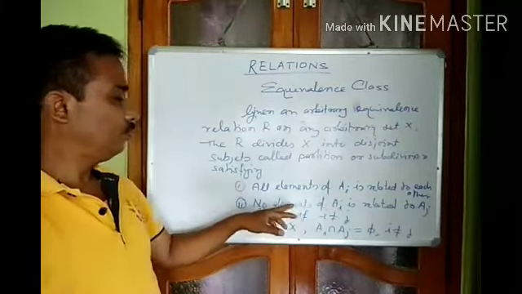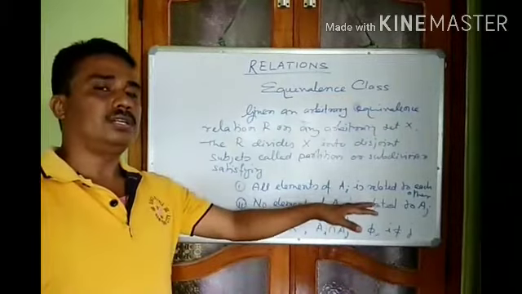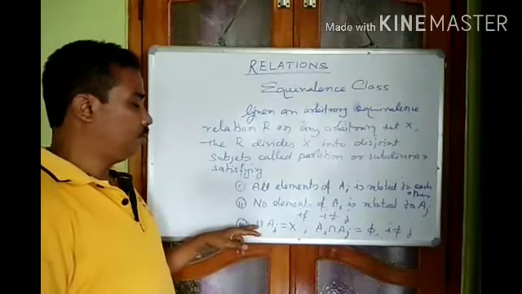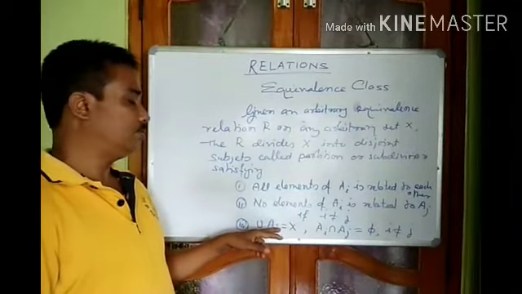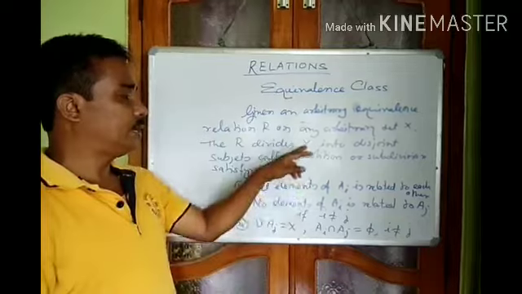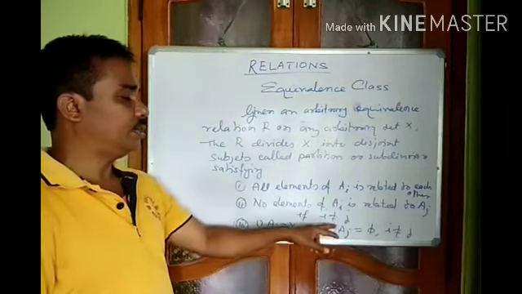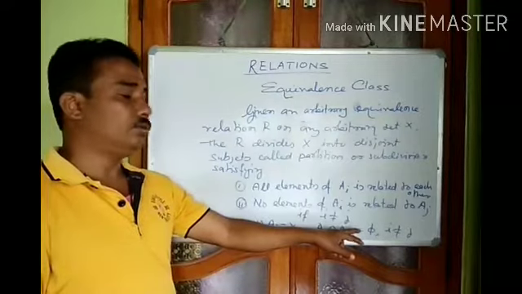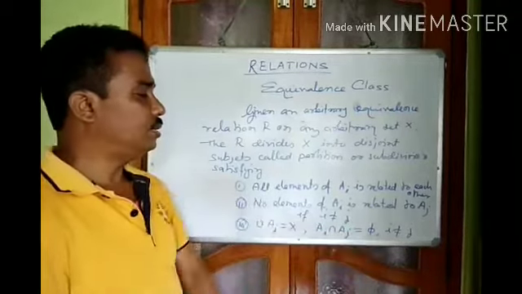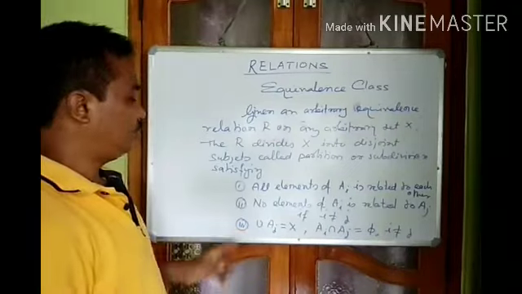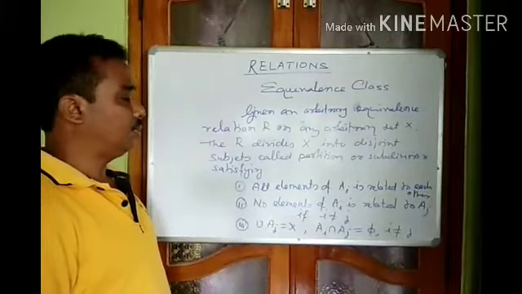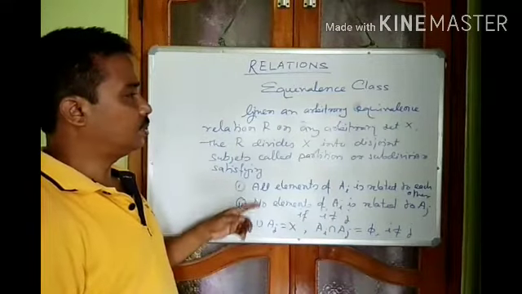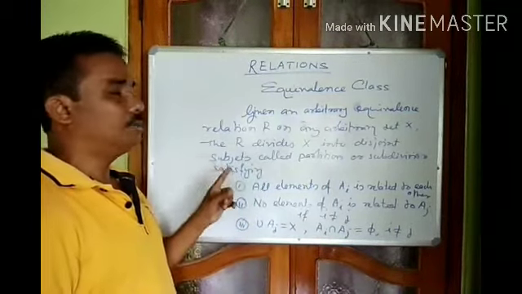In the same way, elements of A4 are not related to A5, etc. Now, the union of all Ai is equal to X, the parent set, and the intersection of Ai and Aj is equal to the empty set if i is not equal to j. Then these Ai are called equivalence classes of X due to R.